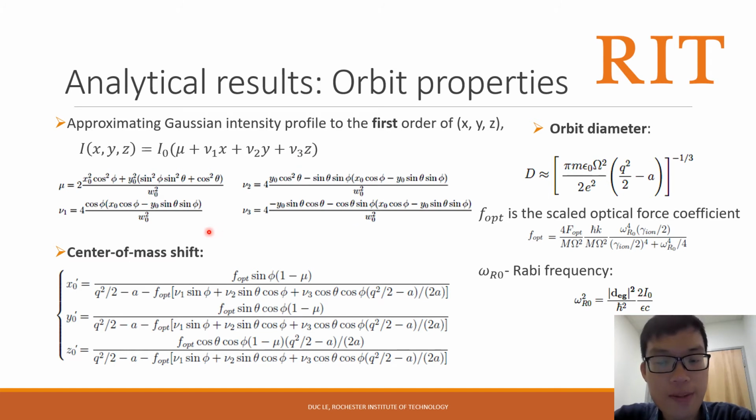With that, we were able to find the shift in the center of mass of the two-ion system, and then we were also able to find the orbit diameter of the two-ion system. And as you can see, it is dependent on the RF trap parameter Q and the DC trap parameter A, and as a result, it can be tuned accordingly.